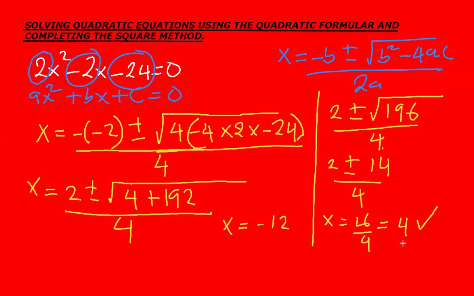So negative 12 divided by 4, and we get our answer, x is equal to negative 3. That is solving using the quadratic formula. So we have x as negative 3 and x as 4.